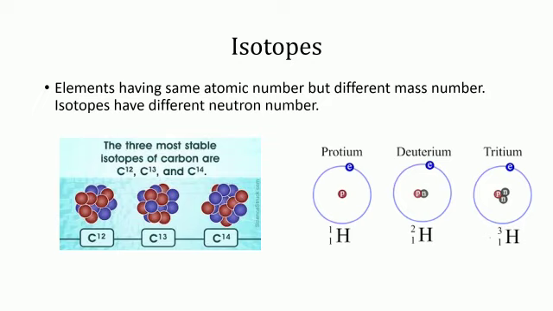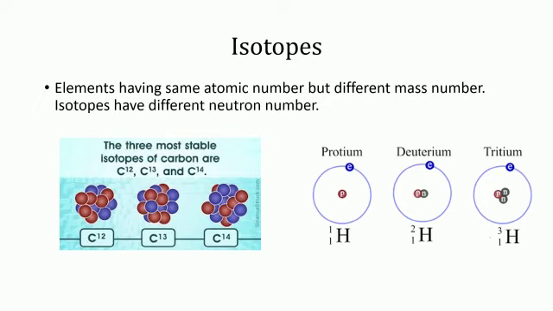But in isotopes of carbon, the number of neutrons is different. For example, one isotope of carbon has 6 protons and 7 neutrons. Therefore, the atomic mass number of an isotope of carbon is 13. On the screen, you will see the isotopes of carbon and hydrogen.